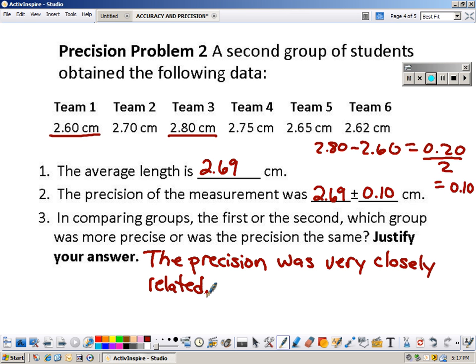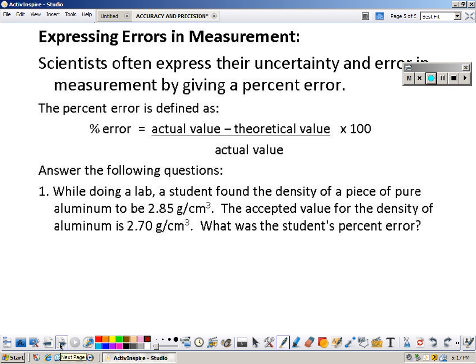One last thing that we have to look at is percent error. Okay, so here's the next piece of this lesson, expressing errors in measurement. Now we're going to learn how to calculate percent error.